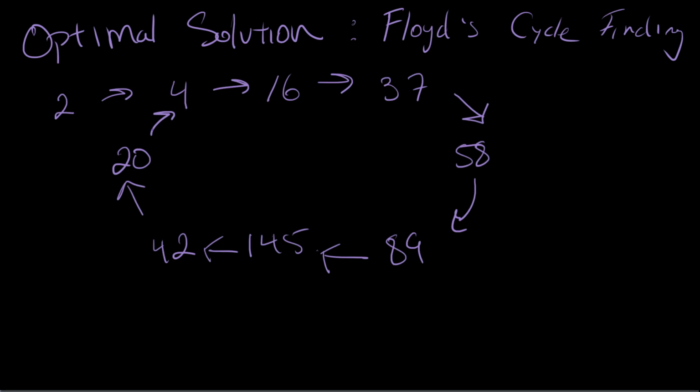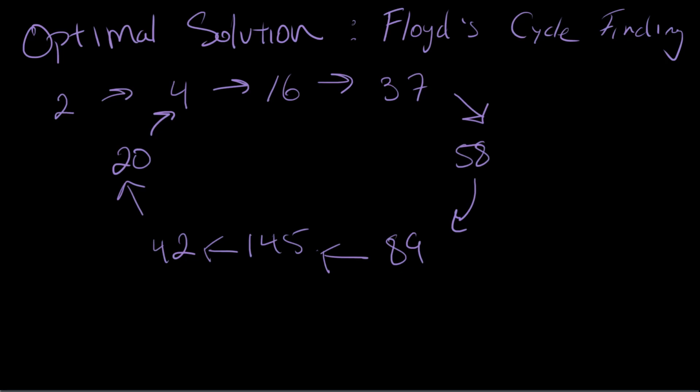In this cycle, if we have something that's moving 2 steps every time something else moves 1 step, we call this a tortoise and hare.